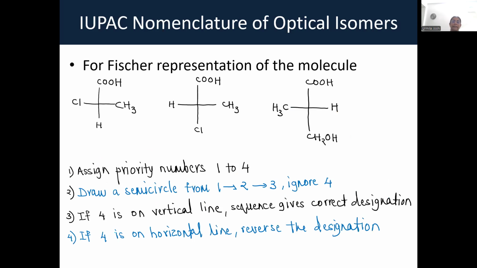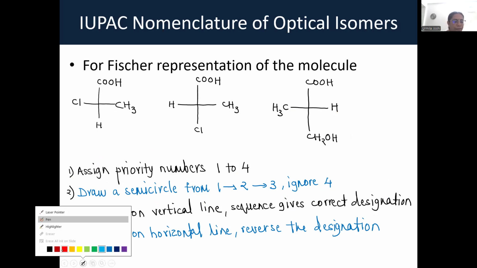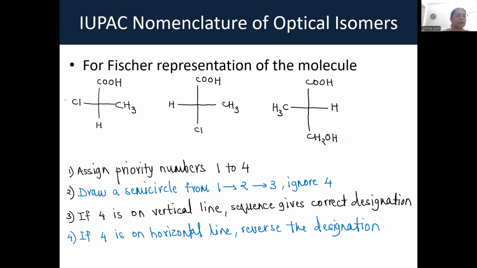Now, let us try to understand how to assign R and S in the Fischer representation. Here, the first thing you do is assign priority numbers. So this is 1, this is 2, this is 3, and this is 4. On the other hand, over here, this is 1, this is 2, this is 3, and this is 4. Okay.